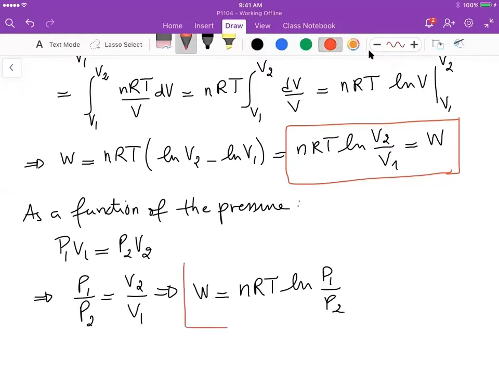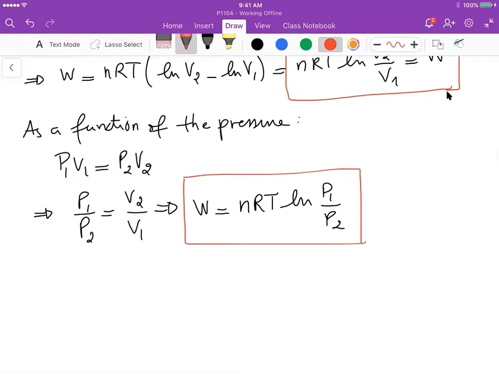So whenever you are asked about the work done by an ideal gas during an isothermal expansion, you can directly use one of these two relations depending on whether you have V1 and V2 or P1 and P2.